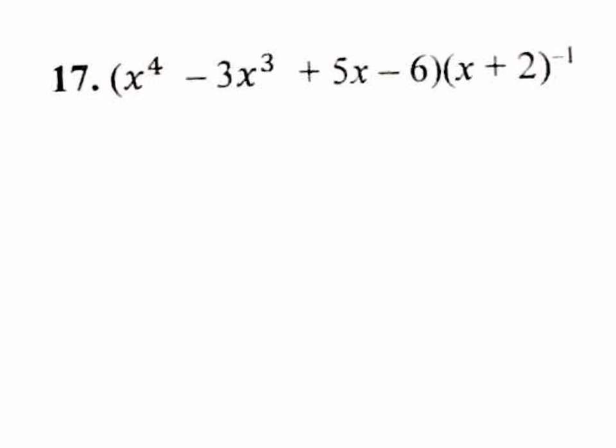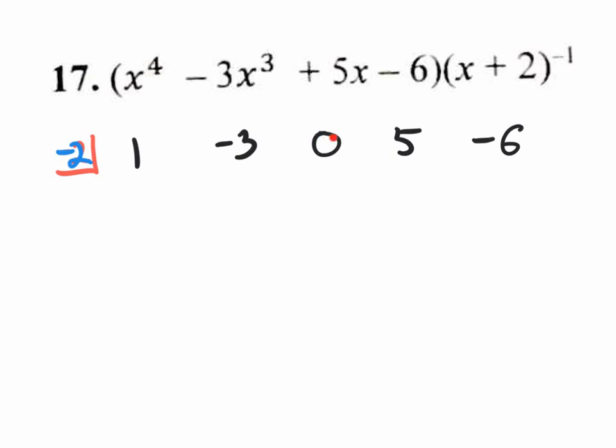So right here, what goes inside my reverse L? Negative 2, that's right. Now, give me the coefficients of the polynomial we're dividing: 1, negative 3, 0, then 5, and then negative 6.